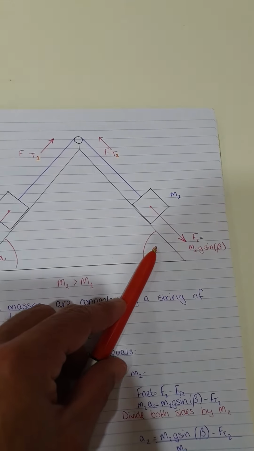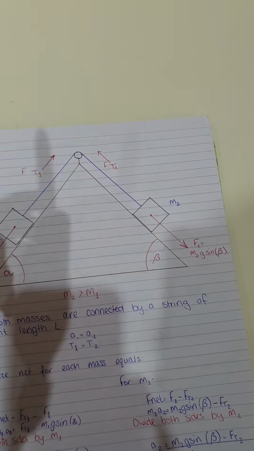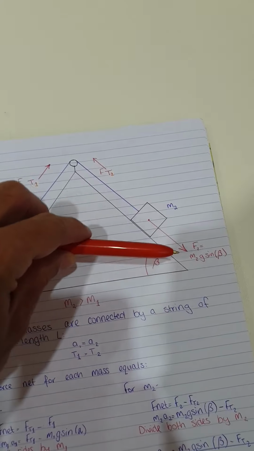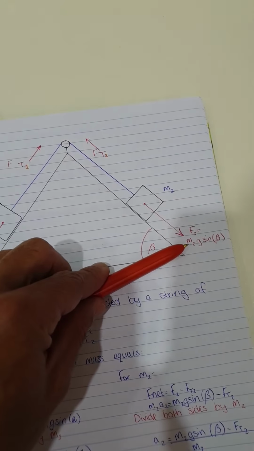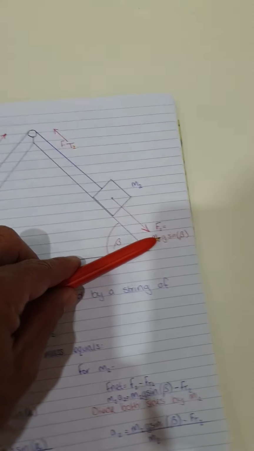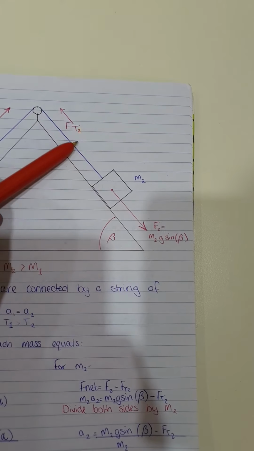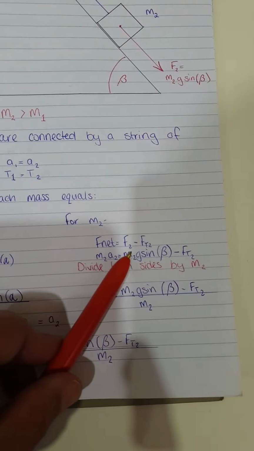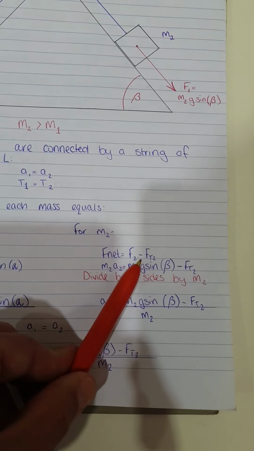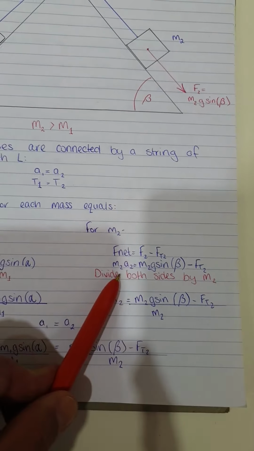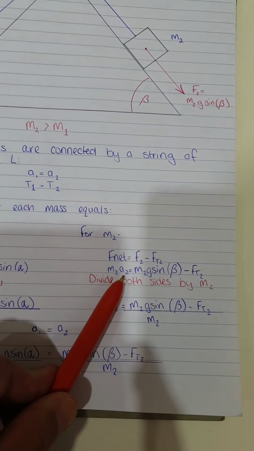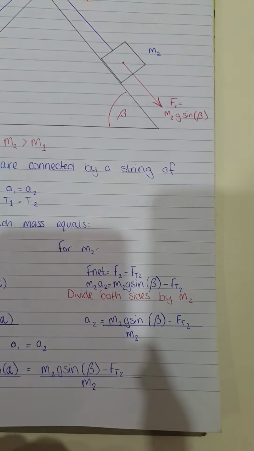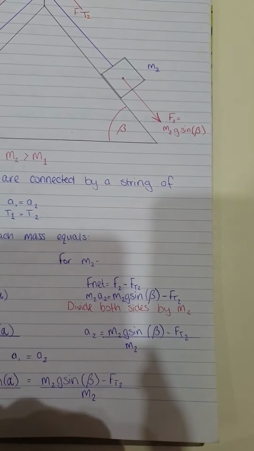Then we can do the same for mass number 2. Based on our previous assumption that mass 2 is moving down the slope, our sum of forces will be m2 times gravity times sine beta minus our tension, which is trying to pull it back up the slope. So m2 times acceleration is equal to m2 times gravity times sine beta minus our tension force.